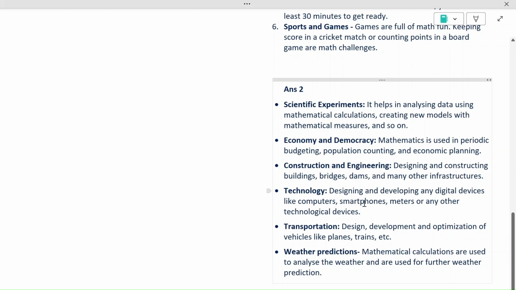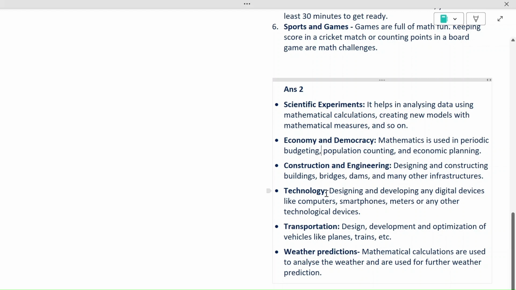Next one is construction and engineering. Whenever any building, bridge, dam, anything is designed and constructed, first of all the measurements are done, the analysis is done, the approximation is done, and all that involves mathematical calculations.